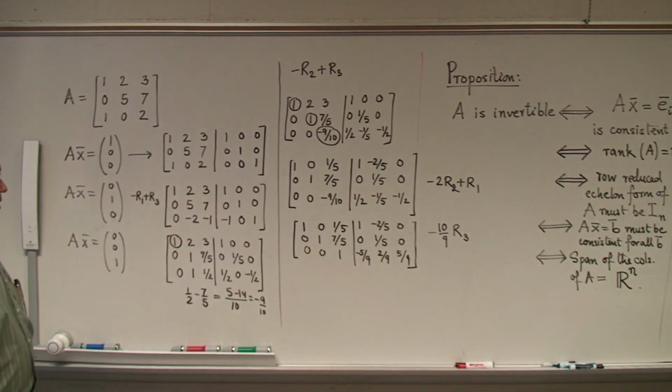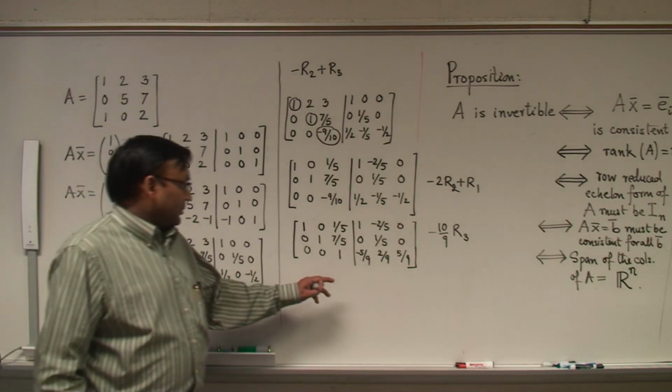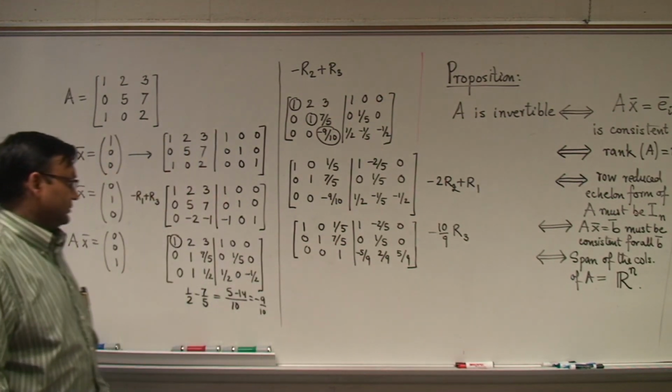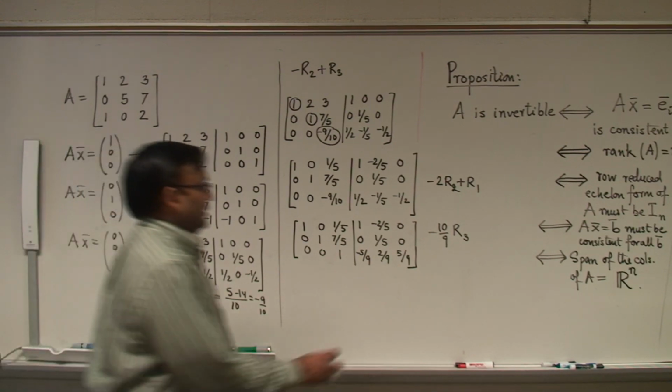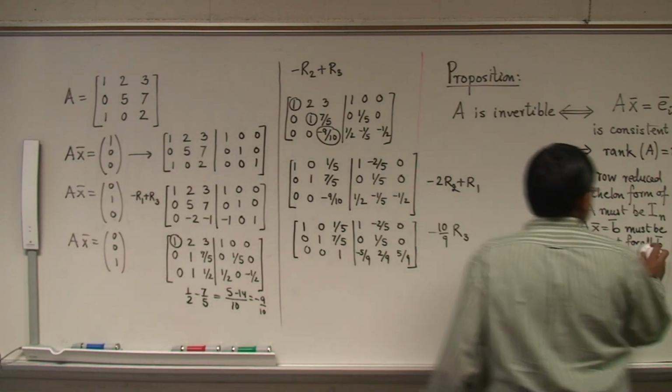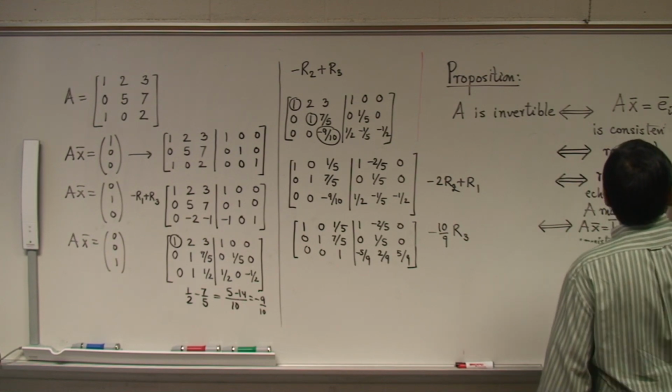Okay. Now we will perform 2 more row operations to knock these entries out, the entries above 1. And once we have done that, we have achieved what we were hoping for.